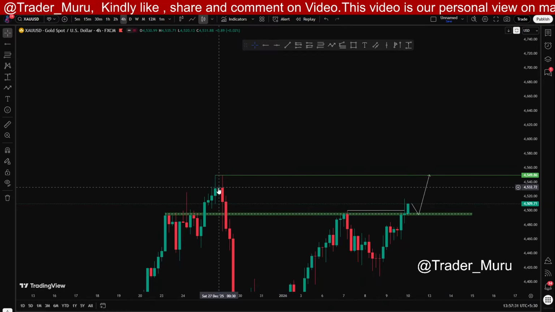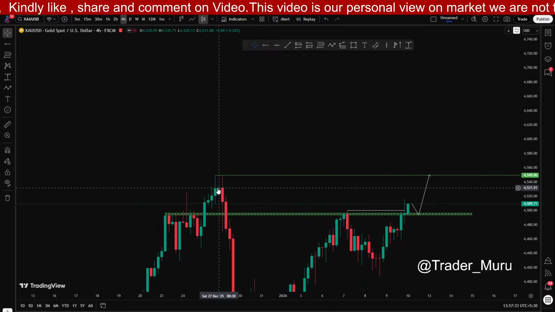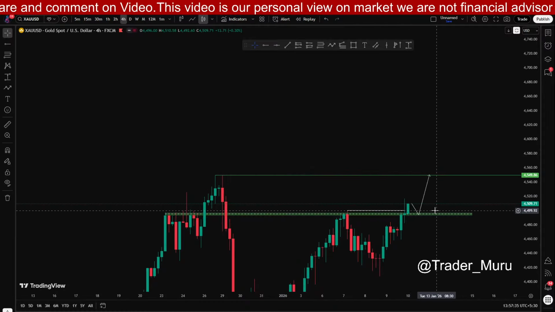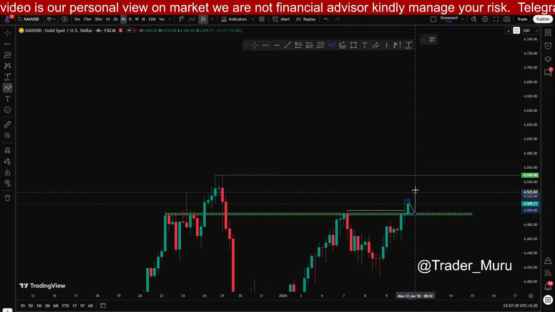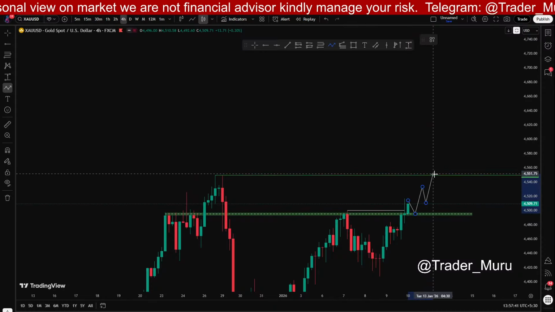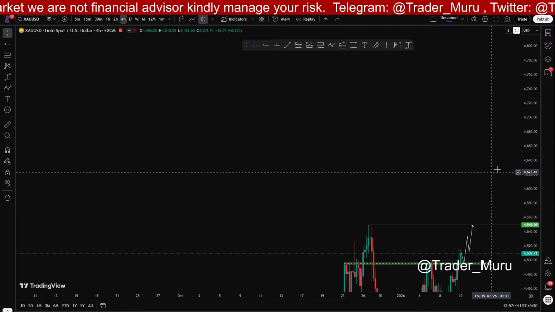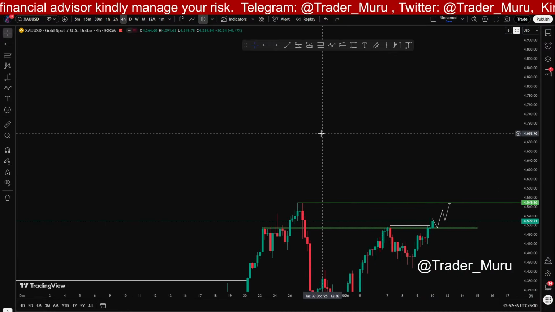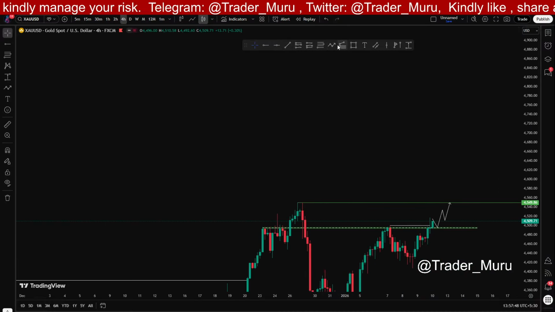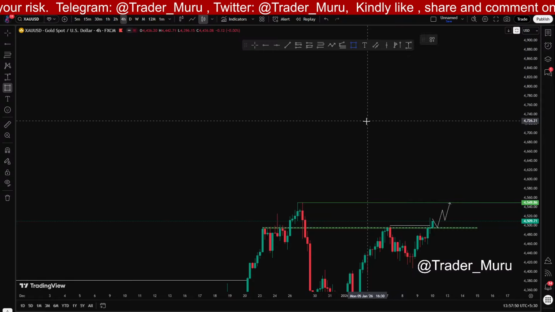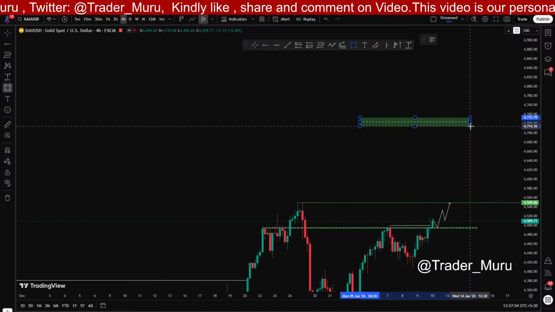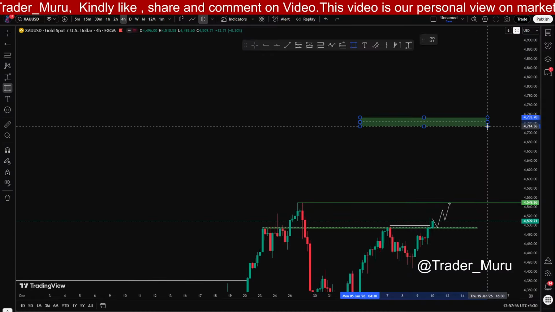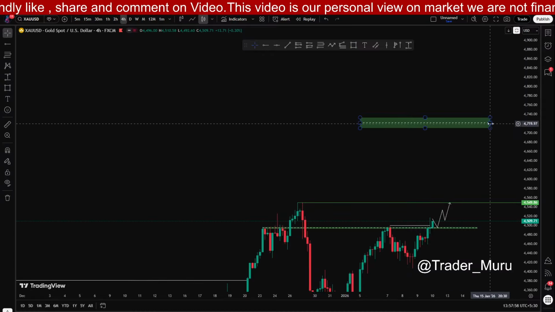First of all, it will test 4525 to 30, then it will retrace back towards this area like this one. Price will go like this, and then our final target for this bullish rally is 4730 to 4711, near this one. This is our final target.